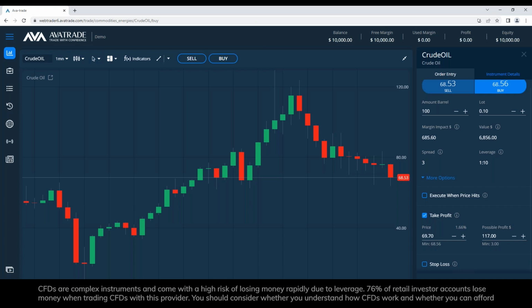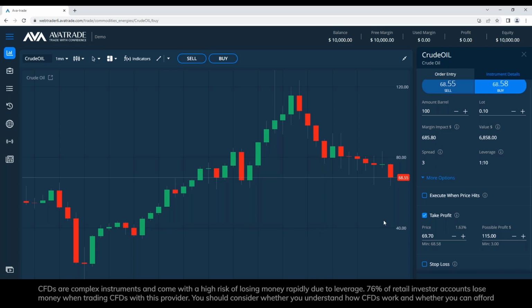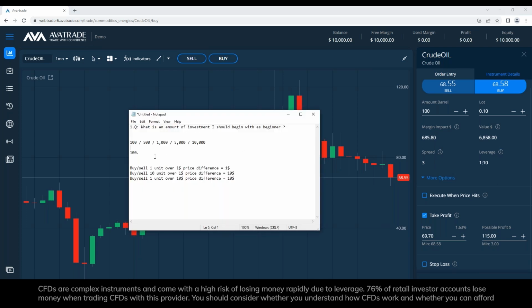So as I said, the case here is very, very simple. We have 100 barrels. So if we are having 100 barrels, just like 10, that means that 100 barrels over $1 is going to get us $100. So that means that with 100, I'm not going to be able to pull off this position.